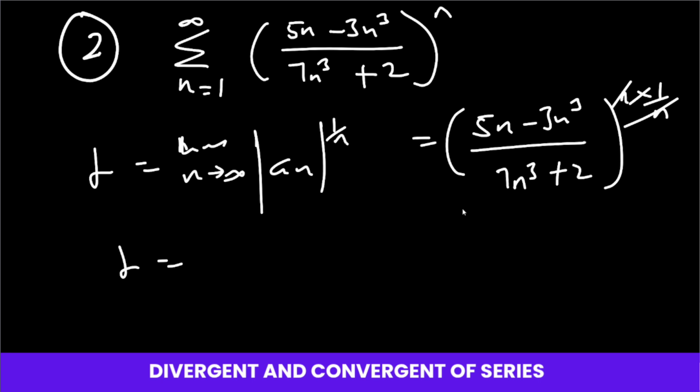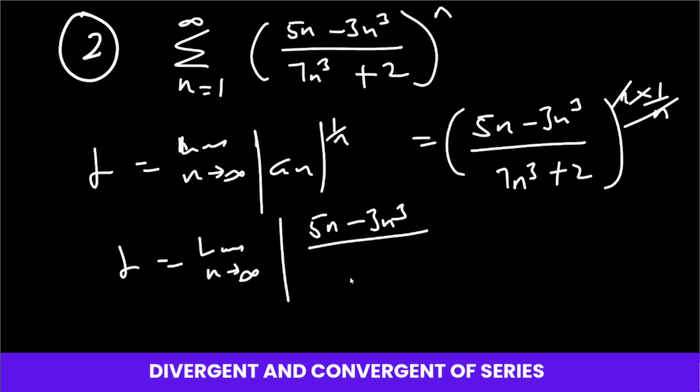So here we have L equal to the limit as n approaches infinity of 5n minus 3n cubed divided by 7n cubed plus 2. We can now put in the limits, but realize that if you put in the limit, you end up getting infinity over infinity, and that's inconclusive.